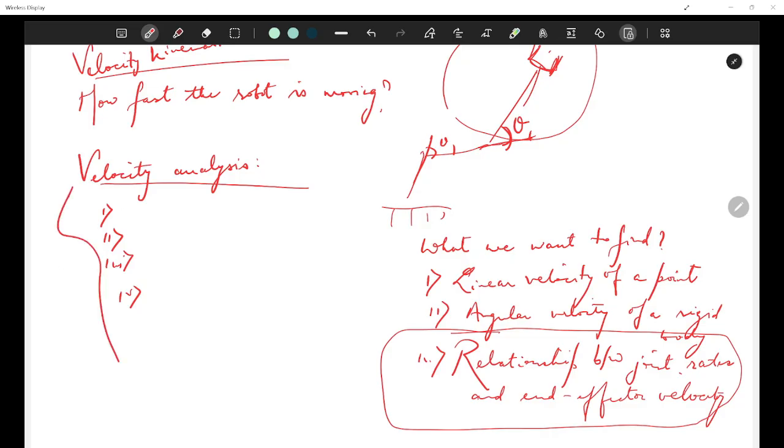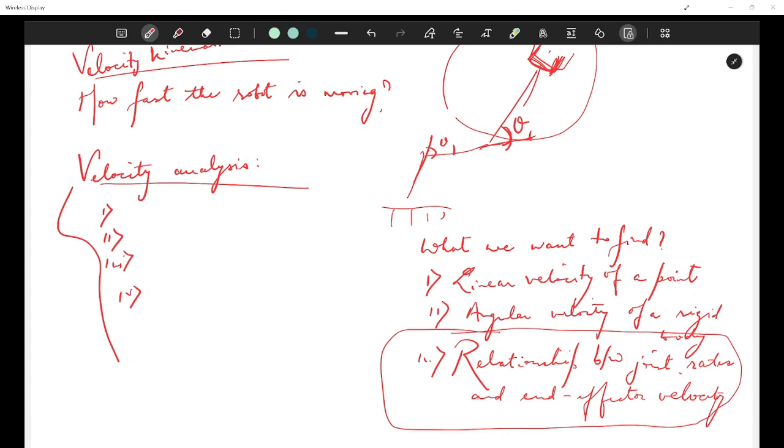So velocity analysis is required because later we'll see wheeled mobile robots and manipulators. You have already seen the serial ones, right? So it is required for motion control. It is required for tracking of some path or some force analysis. Let's say this end effector is supposed to apply what amount of force, or if you want to do singularity detection, singularity we'll discuss later as well.